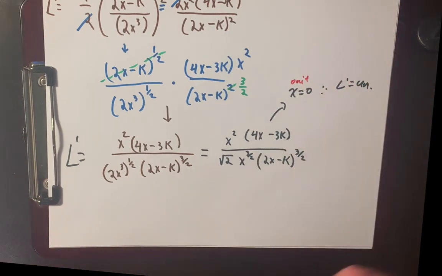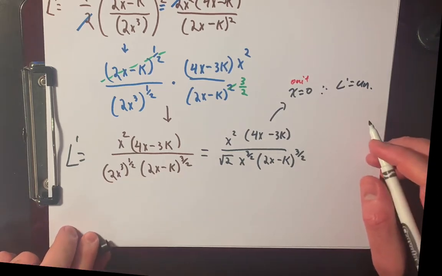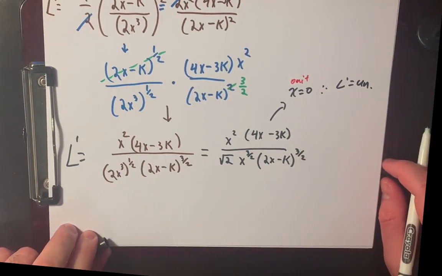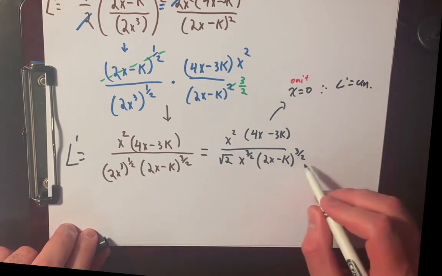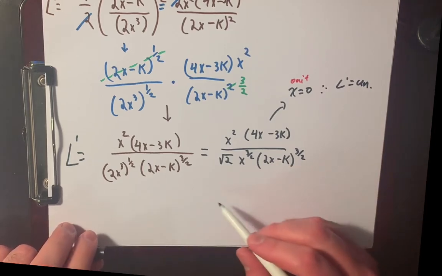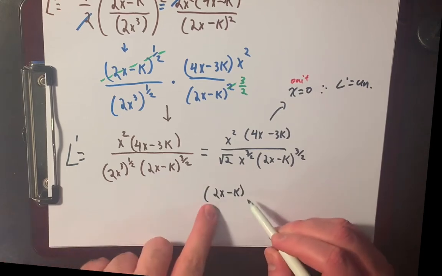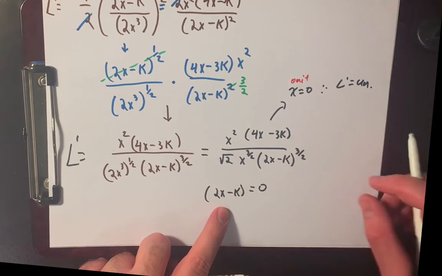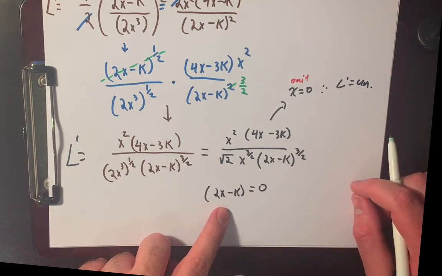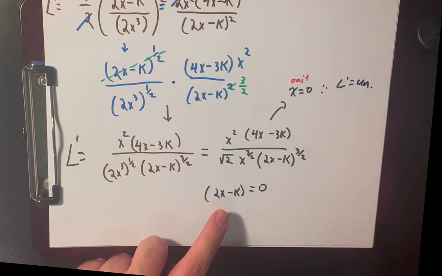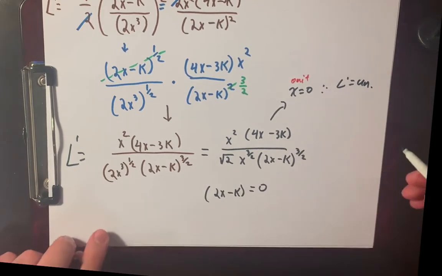Okay, what else is a critical value that's going to make L prime undefined? Well, let's go ahead and solve for the denominator here. So 2x minus k, if this is equal to 0, then that's going to give you a 0 in your denominator.